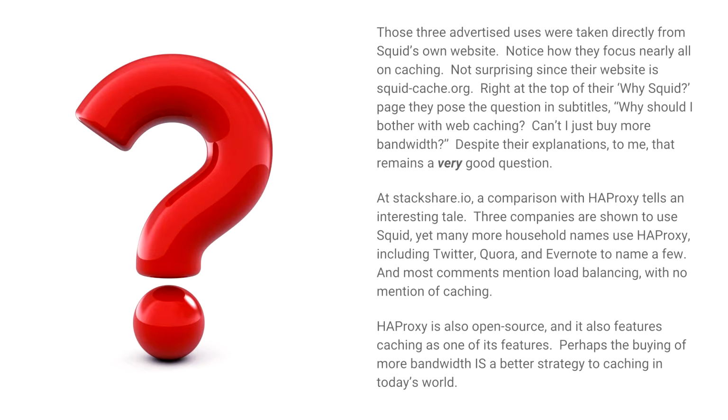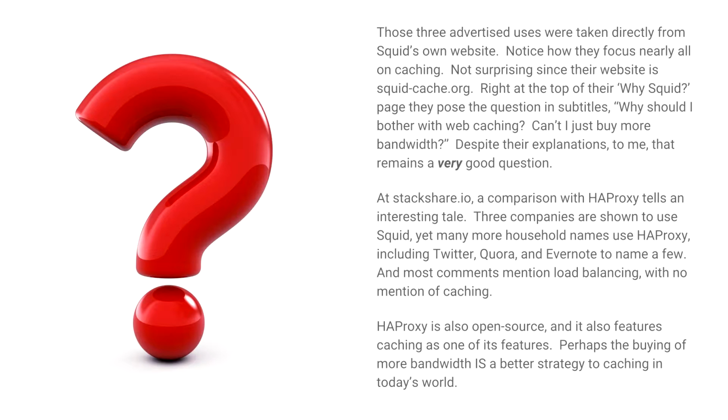Now, at a website called stackshare.io, a comparison with another proxy, HA Proxy, tells an interesting tale. 3 companies are shown to use Squid, yet many more household names use HA Proxy, including Twitter, Quora, and Evernote, to name a few. And I think what's most interesting is that the comments mention load balancing.